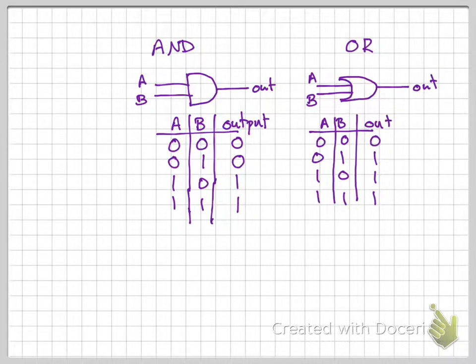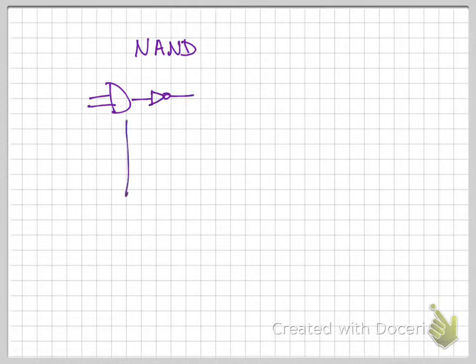Okay, so there's the AND gate and the OR gate. Then we can talk about the NAND gate and the NOR gate. That's not AND, right? Not AND. It's just two functions in a row. The NAND gate is simply the AND gate with a NOT gate, so it's the NOT truth table of the AND gate.